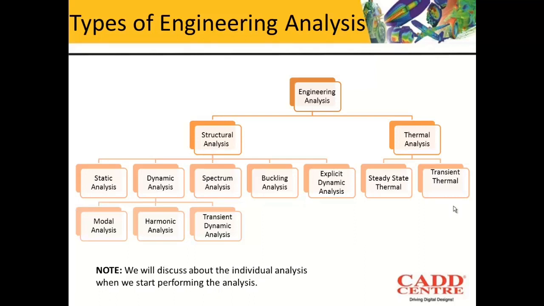Further, dynamic analysis is divided into modal analysis, harmonic analysis, and transient dynamic analysis. Thermal analysis is further divided into steady state thermal analysis and transient thermal analysis. We will be discussing the individual analyses when we start performing them. So in the further chapters, we will be discussing more about the types of analysis.